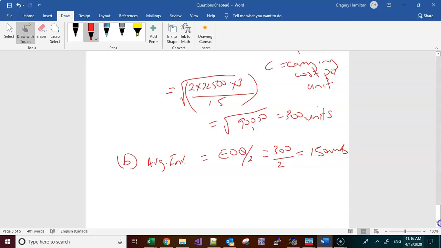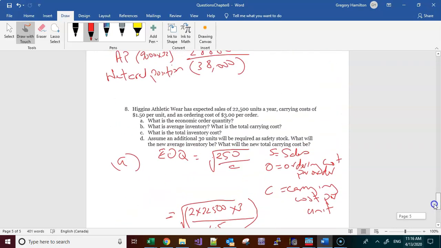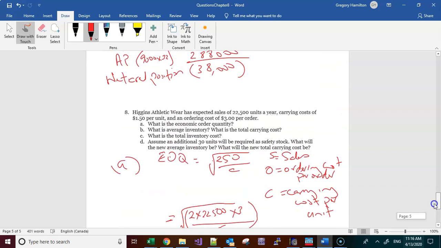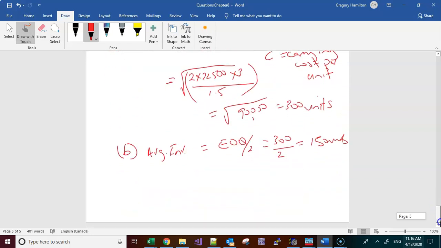And the second part of that question says, what is the total carrying cost? So how do we find total carrying cost? Total carrying cost would be equal to the average inventory times the carrying cost per unit.